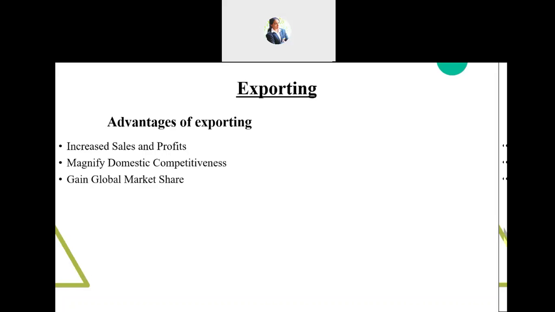So once this development cost has been covered, there is an increase in overall profitability because of additional foreign sales in the long term.